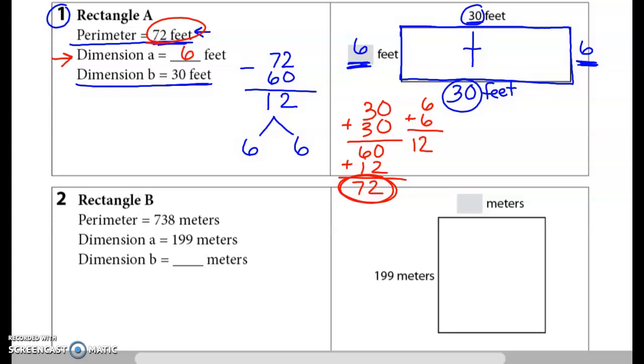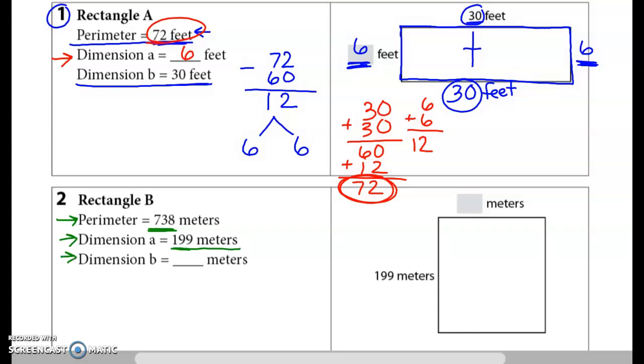If we look at the bottom problem here with rectangle B, we're doing the same process, we're just working with larger numbers. In this problem, our perimeter is 738 meters. Dimension A is 199 meters.